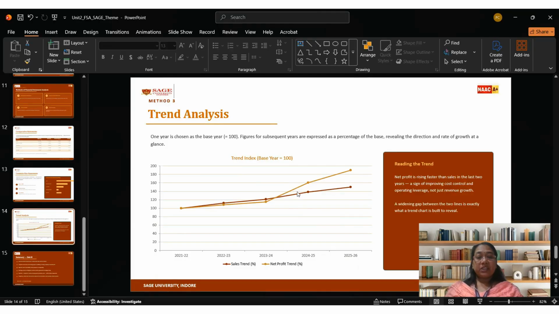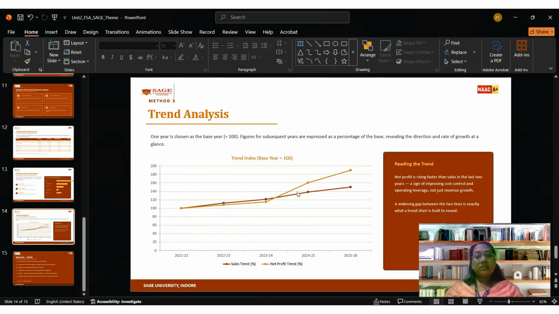Next, common size statements. Here, instead of comparing 2 years, we express every item of a single year's statement as a percentage of a common base. For the income statement, that base is usually net sales, treated as 100%.